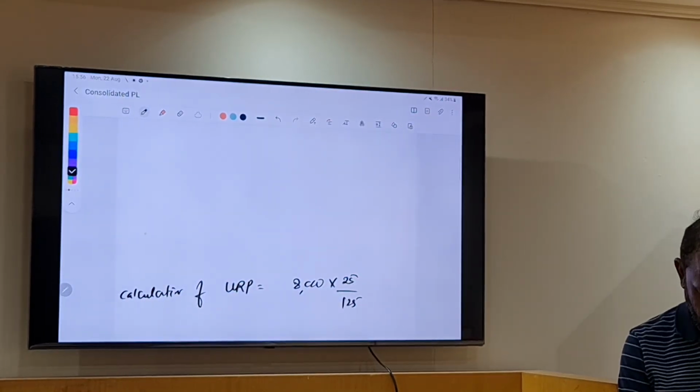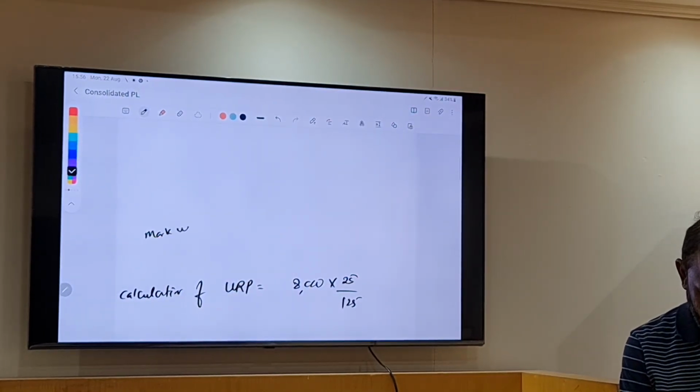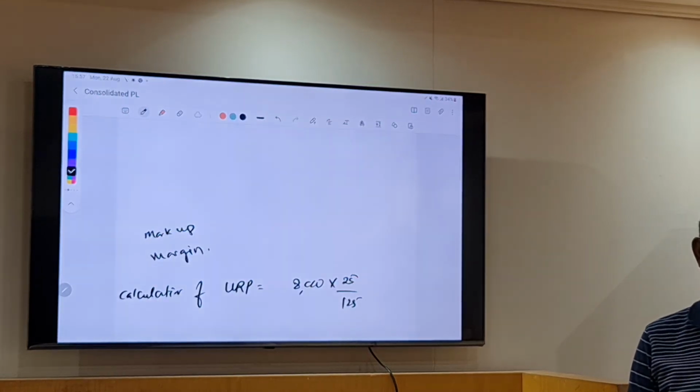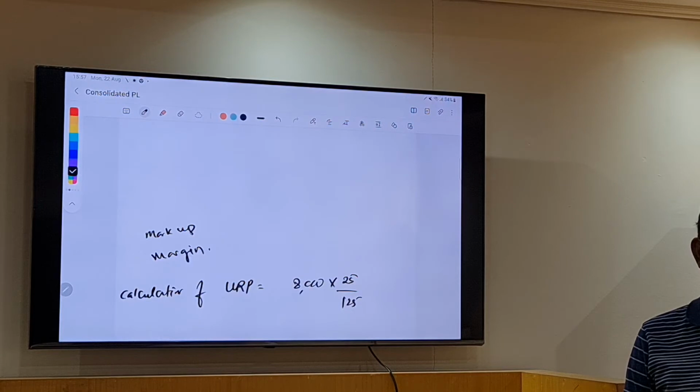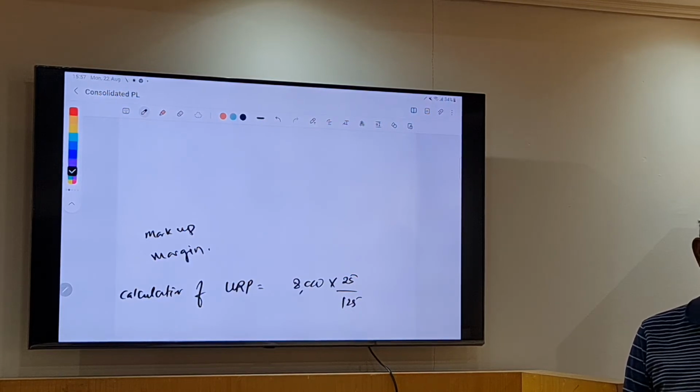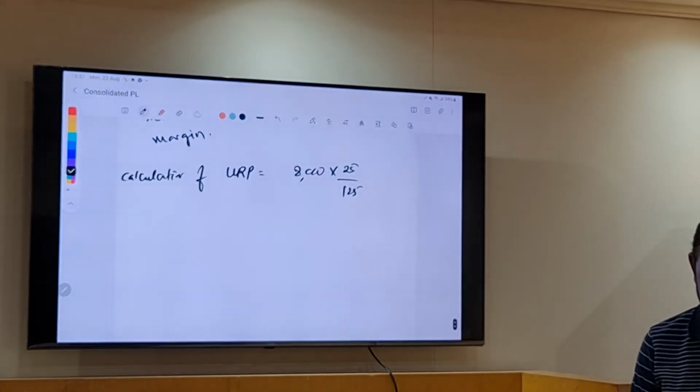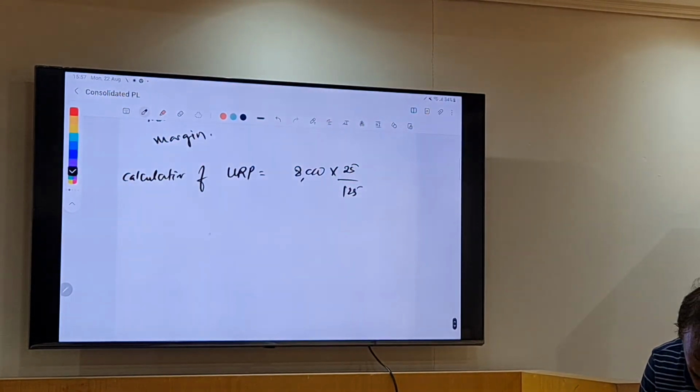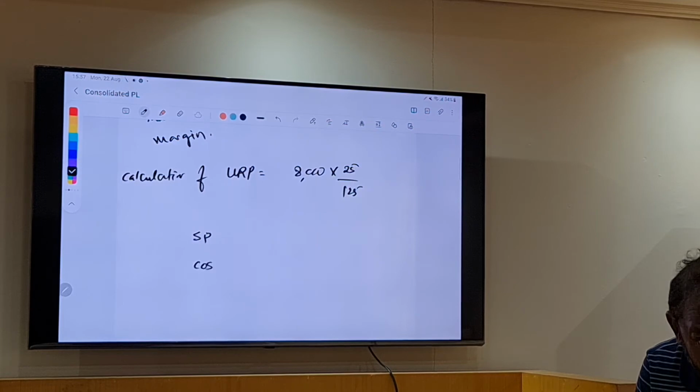You all should know the difference between markup and margin. Selling price, cost, profit.